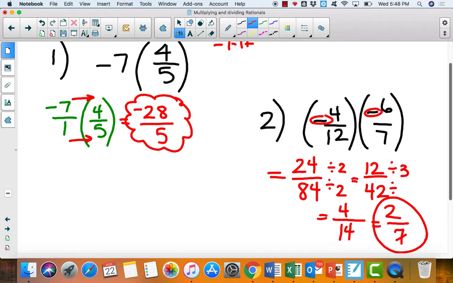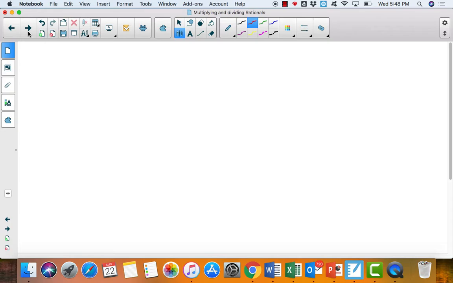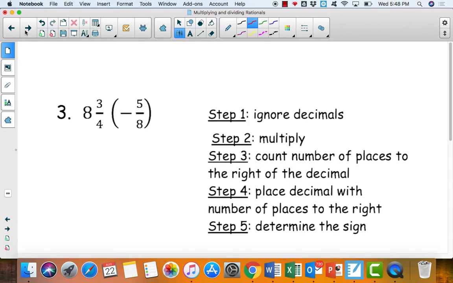Let's look at number 3. These steps are actually for number 4. I'll show it in a second. Number 3, again, same rules as we used for fractions. Write both of them as fractions. Well, that is not a fraction. That's a mixed number. I have to turn it into a fraction. 4 times 8 is 32, 33, 34, 35.